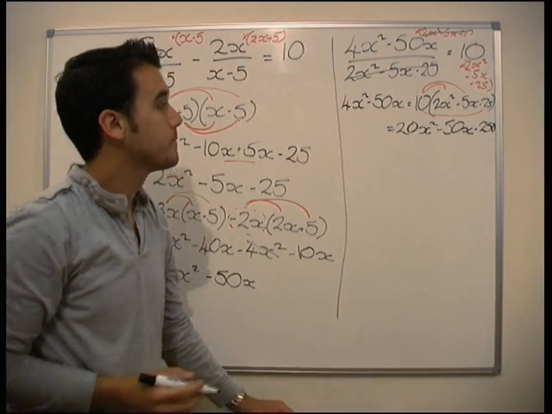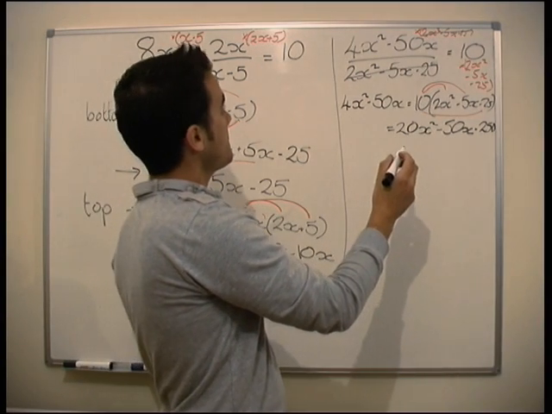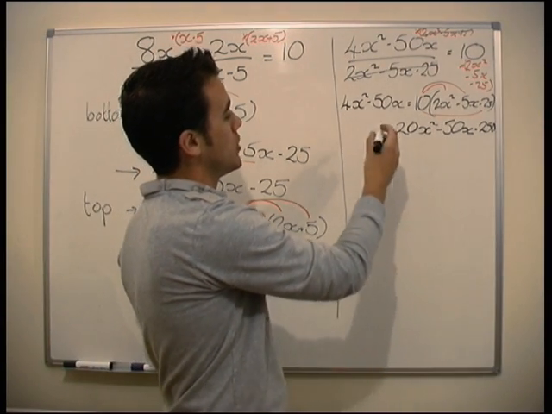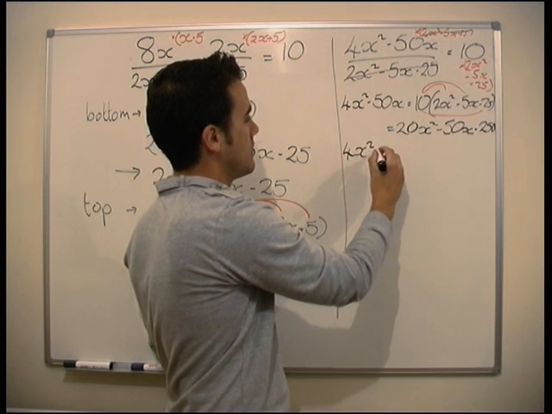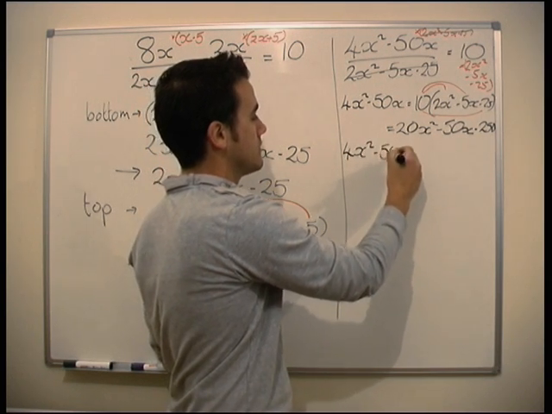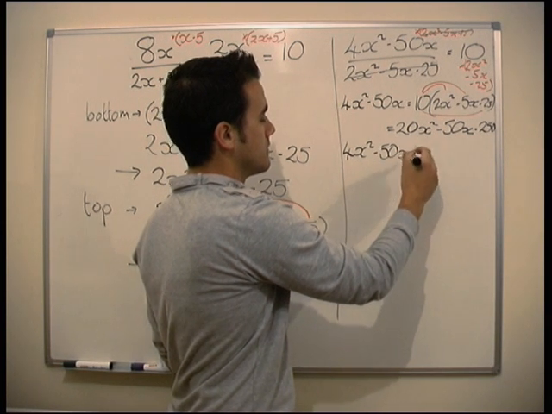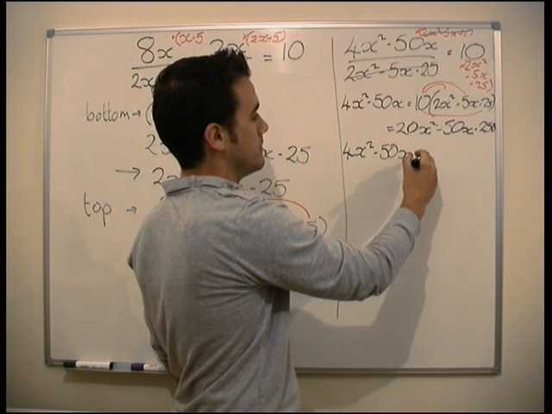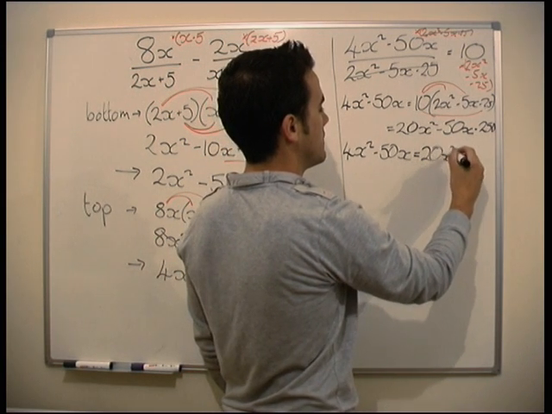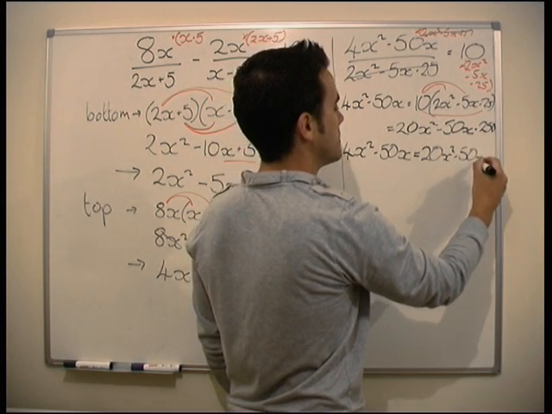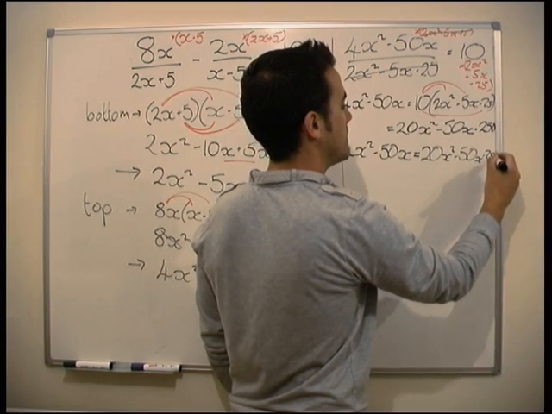Okay. So, let's have a look at what we got. We've got 4x squared minus 50x equals 20x squared minus 50x minus 250.